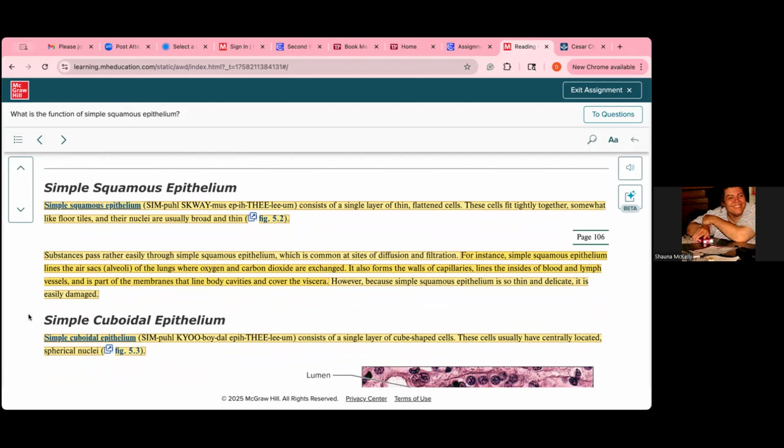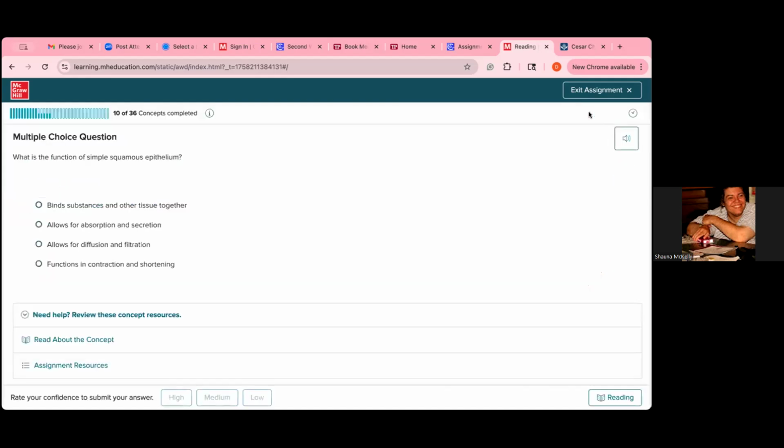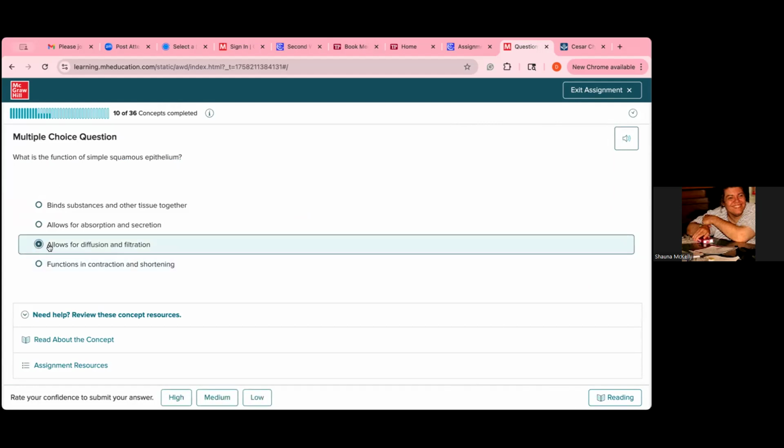They line air sacs of the lungs. It also forms the walls of capillaries and is part of the membranes that line body cavities and cover the viscera. Let's see what the question says. I would say allows for diffusion and filtration, because it's common there.